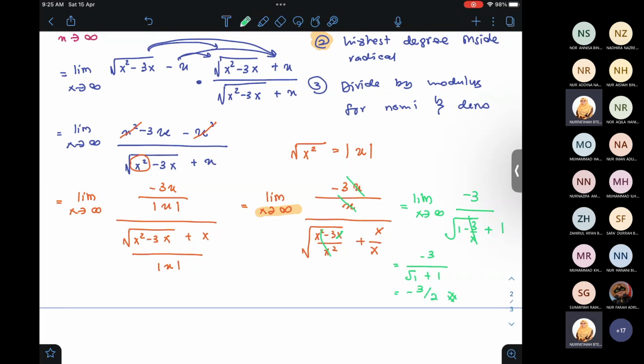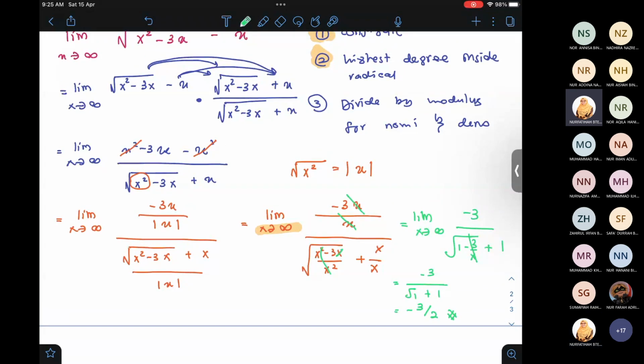This is the answer for this example. Are you clear? Are there any parts you don't understand? Okay, everything okay?